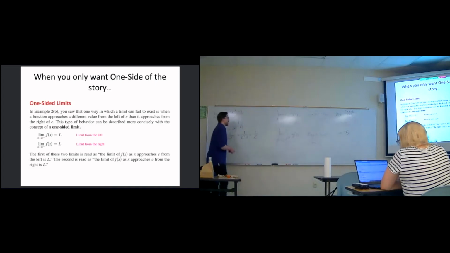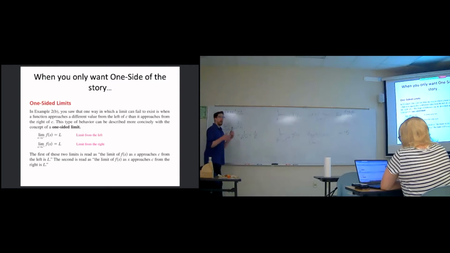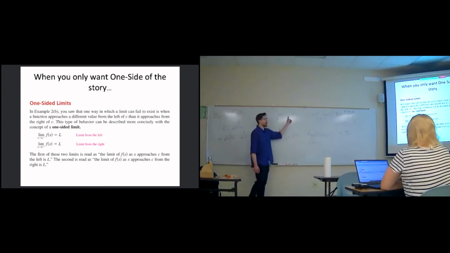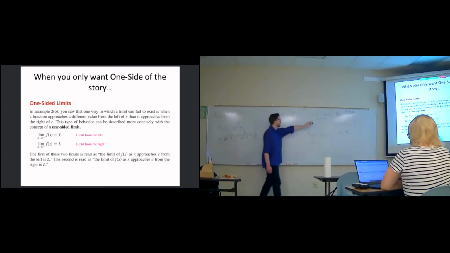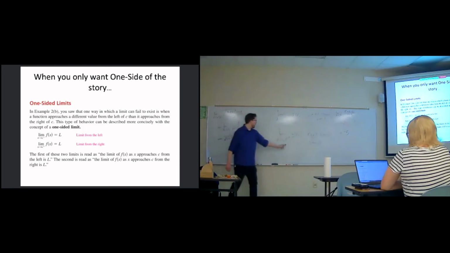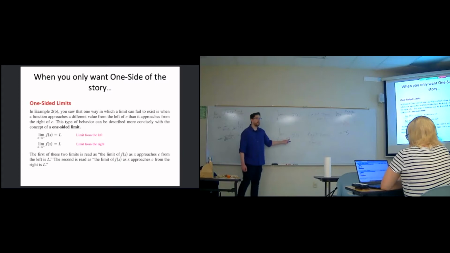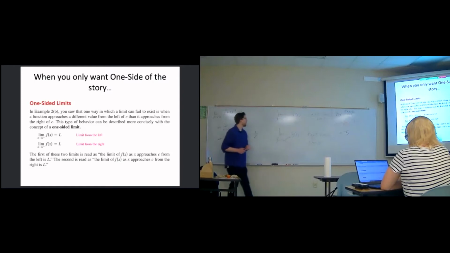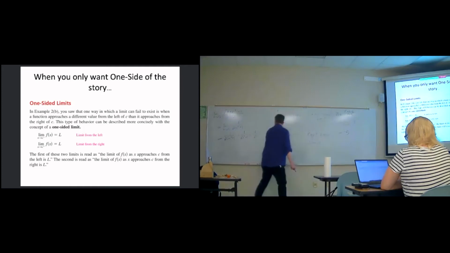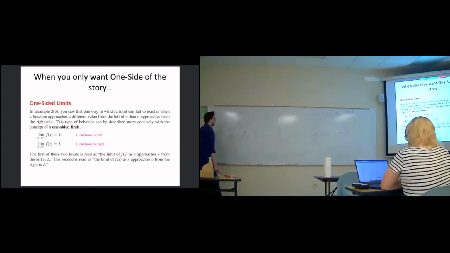All right. So to represent whether our limit is a left-hand limit or a right-hand limit, we use these superscripts: negative to represent the left-hand limit because we're coming from values less than it, and positive to represent the right-hand limit because we're coming from values greater than it. Make sense?